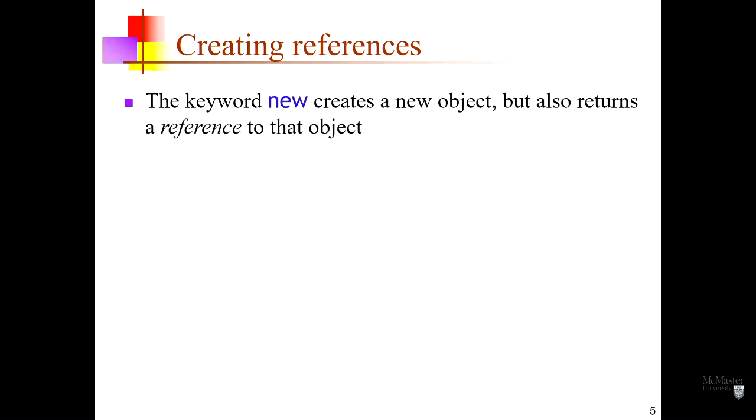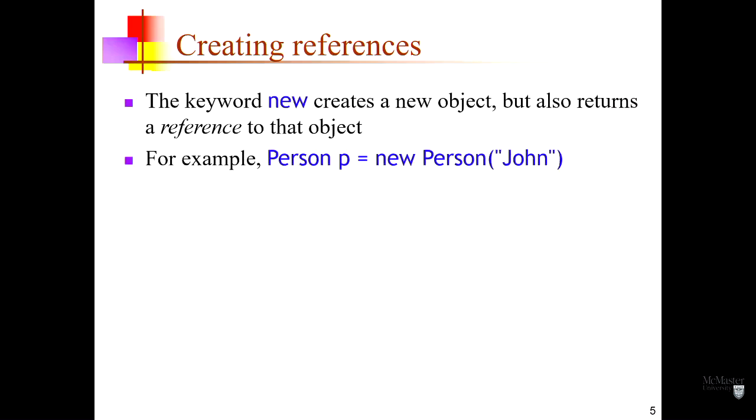Okay, creating references. So you have a reference, and then if you want to create an object, this title is kind of misleading. You declare a reference, but you create an object, right? Maybe I would change the slide title to be creating objects. It's clearer if you say it this way. You create an object, but you declare a reference.